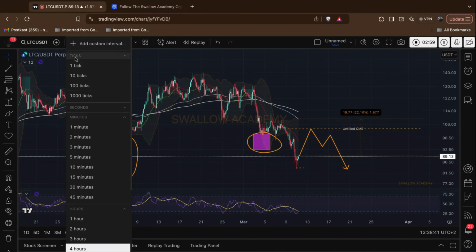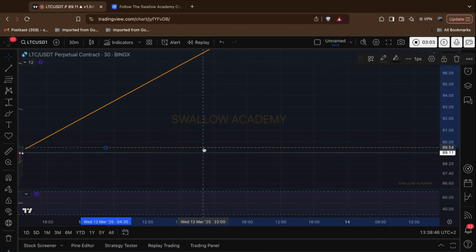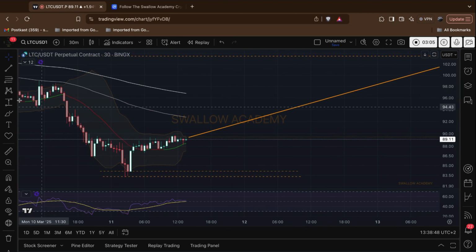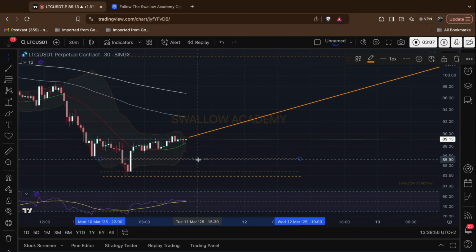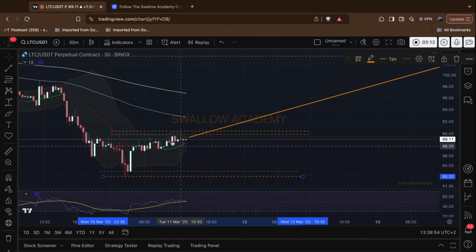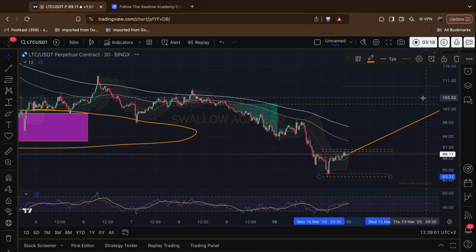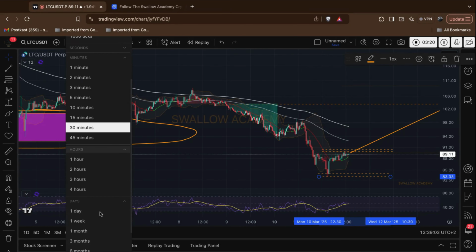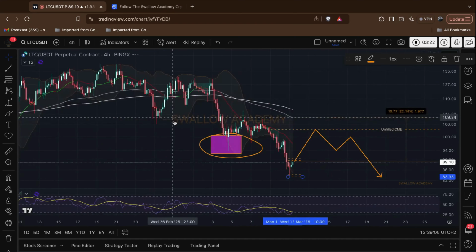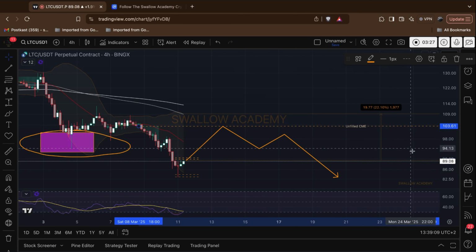Now, if we see a proper breakout from this zone, then of course we will see at least a touch of this zone here, then the fill of the CME gap, and most likely we will reach the market price of $103 basically.